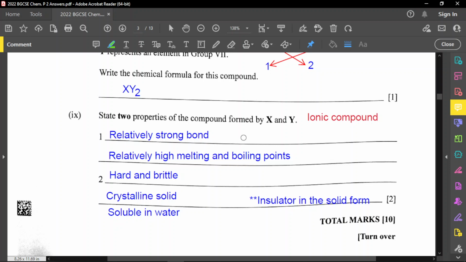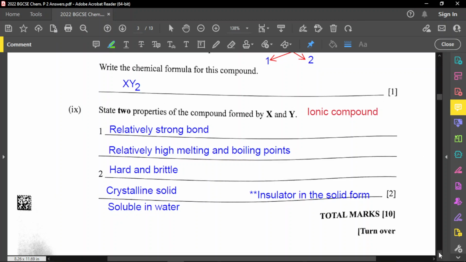The boiling point and melting point will be relatively high. It will be hard and brittle. It will be a crystalline solid, soluble in water, and also an insulator in the solid form. These are some of the basic properties of ionic compounds, and it will be the same for XY2. All right, so question 1 is out of the way.